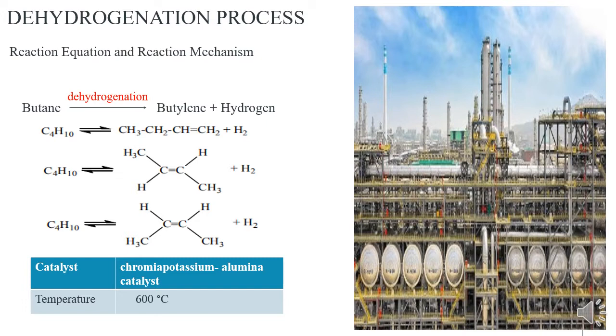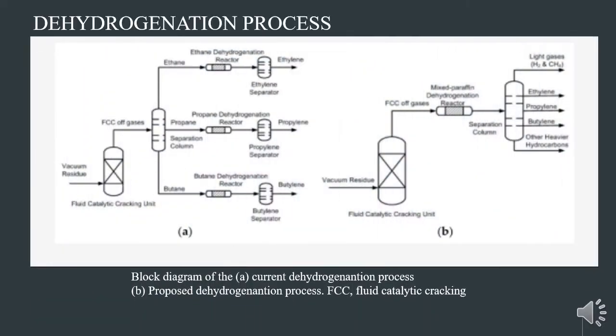So this is the chemical reaction of butane to form butylene, and the byproduct is hydrogen. The catalyst that we use in this process is chromium potassium alumina catalyst, and the temperature is around 600 degrees Celsius. The picture shows the block diagram of the dehydrogenation process.